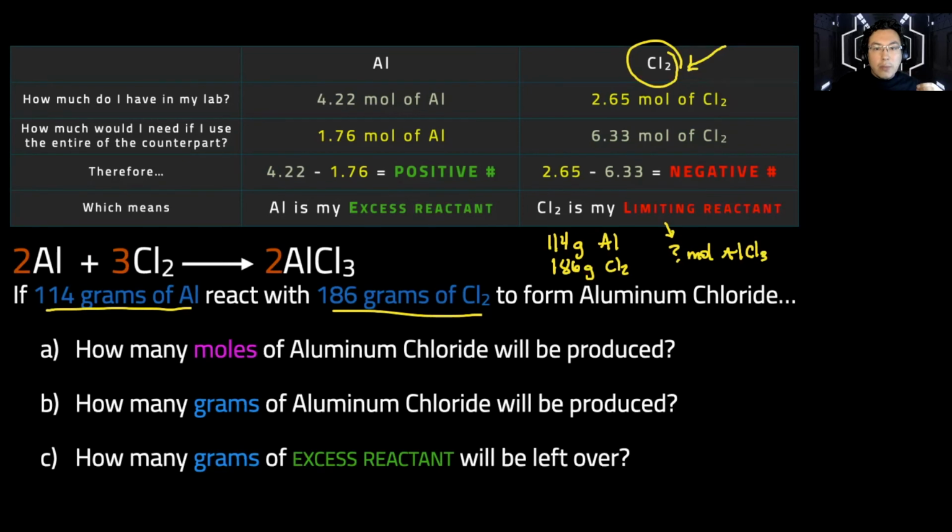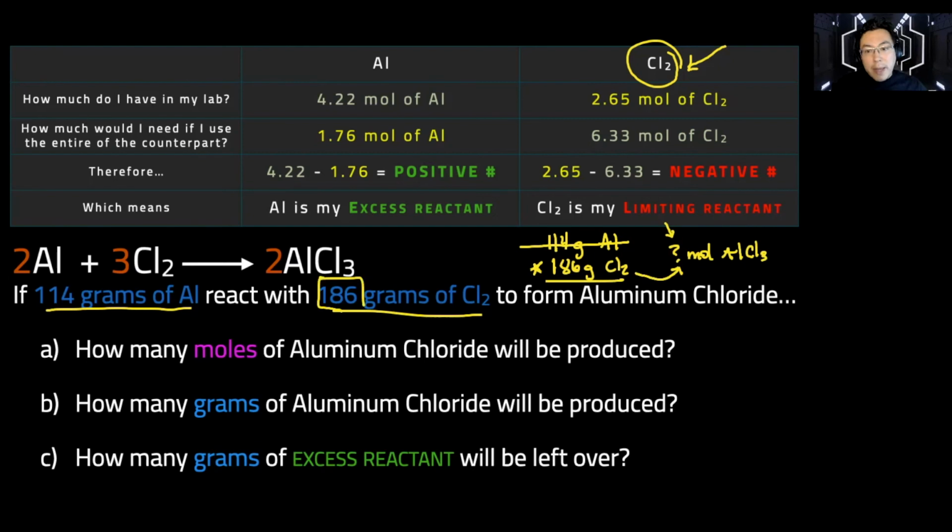For this case, we're going to erase aluminum and use this as our original amount. This is going to become our known substance. So now we do stoichiometry. We start from chlorine, and in this example we're starting with 186 grams of chlorine.